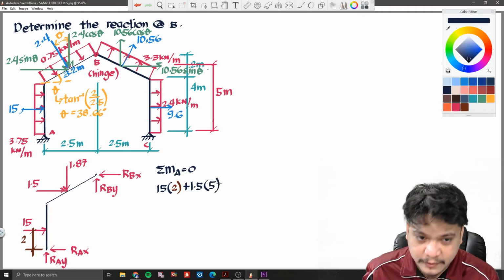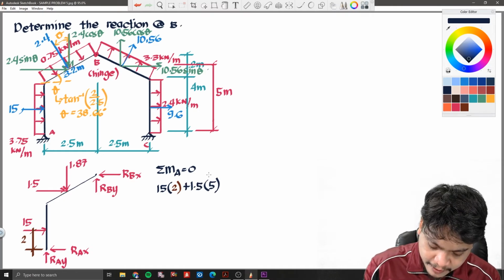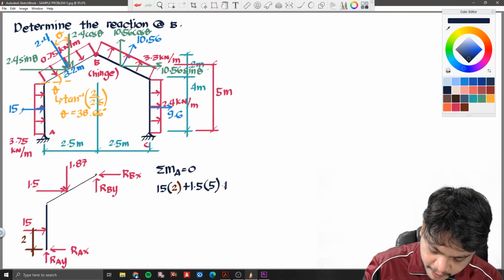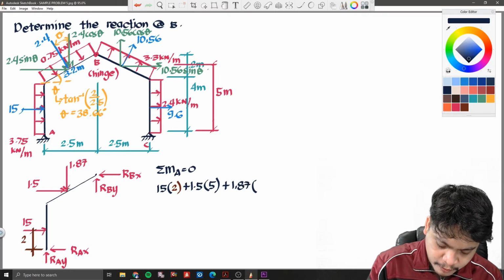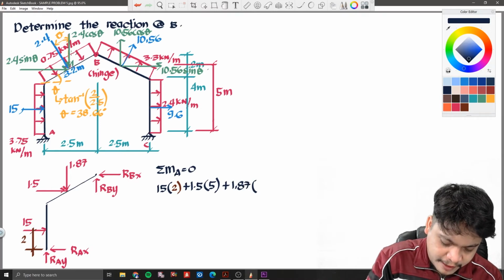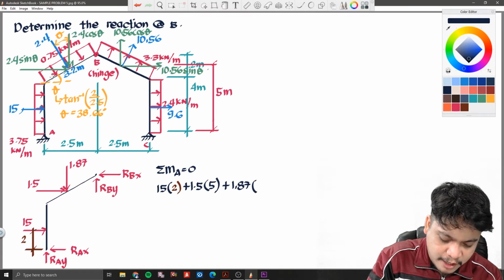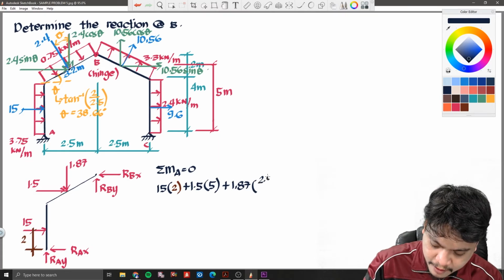And the next, I will have now the 1.87 plus 1.87, and then I will multiply it by kalahati naman ng 2.5. Kasi itong line mo na to, yung gitnang-gitna niyan, kalahati ng 2.5. So, you will be having 2.5 all over 2.